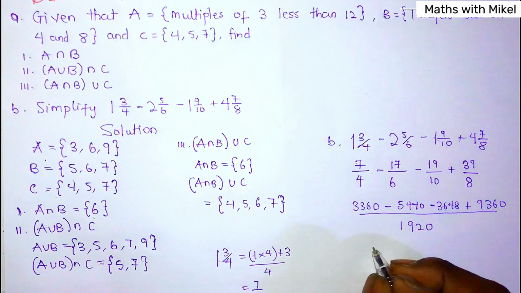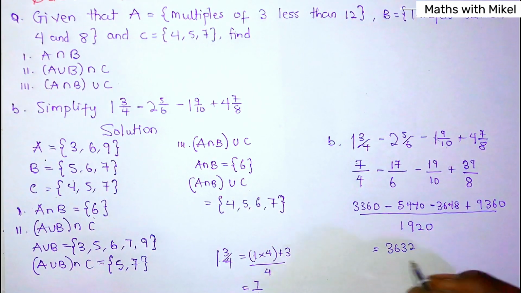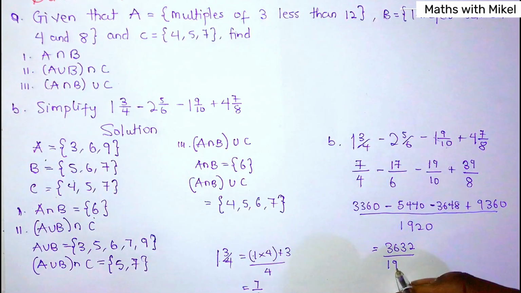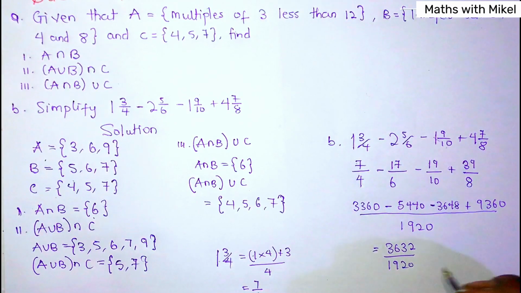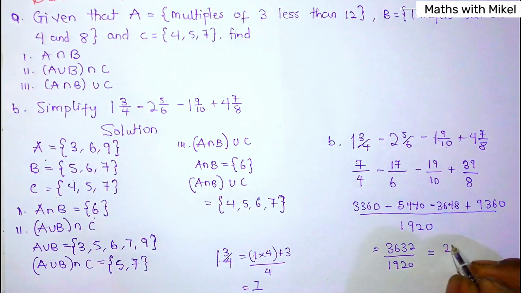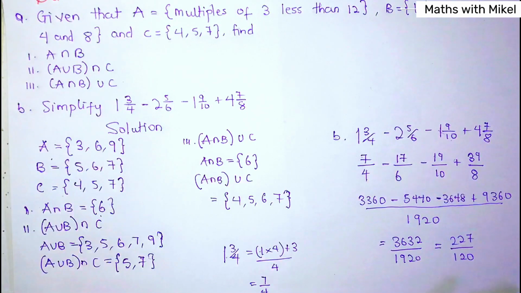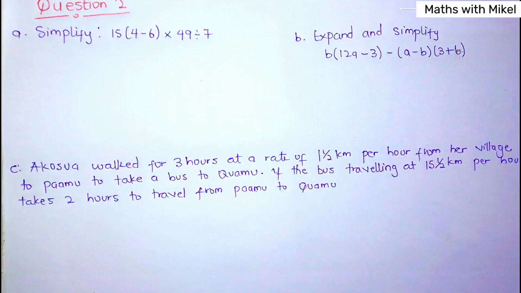If I simplify this, I get 3,632 divided by 1,920. Now if I simplify this further, I get 227 divided by 120, which answers the B part of the question.